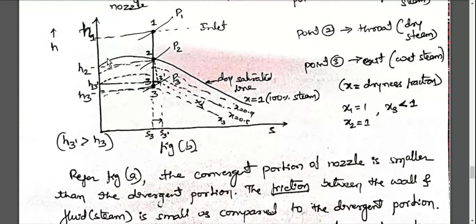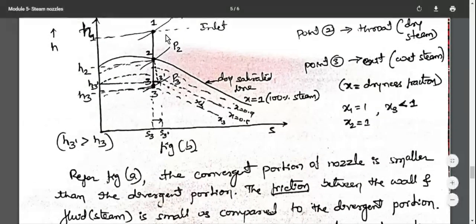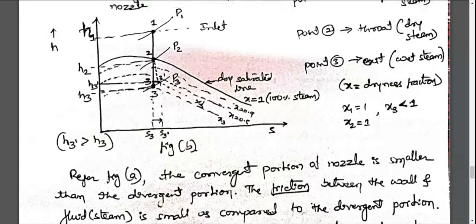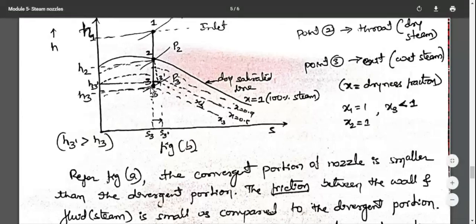Now consider the total expansion from point number 1 to point number 3. Observe carefully. Point number 1 is here, point number 3 is here. So h1 minus h3, that is one value, some value x. So h1 minus h3 is the x value. h1 minus h3 dash is the y value.